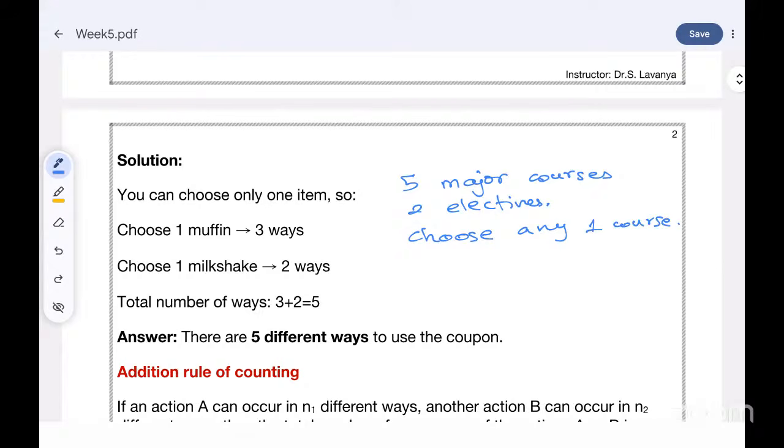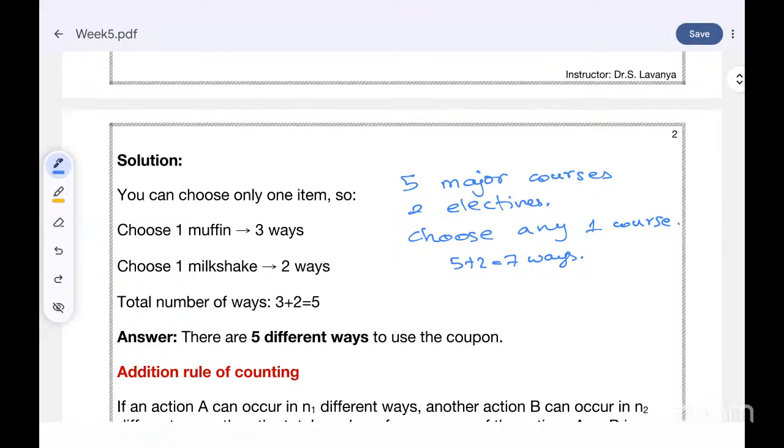So how many ways can you choose a course from this? 5 plus 2, that is 7. Yes.